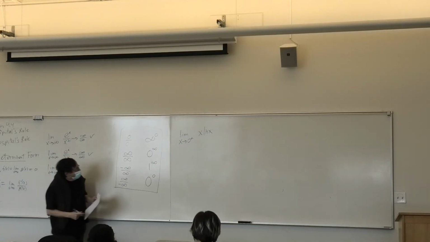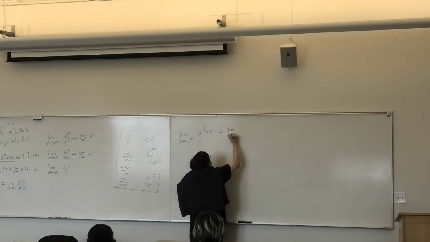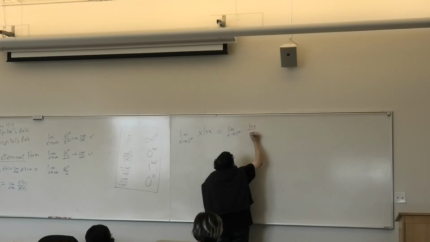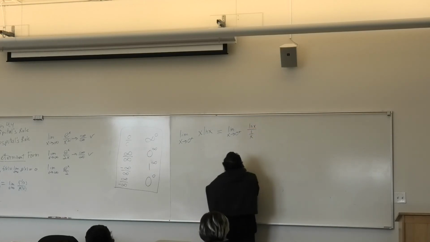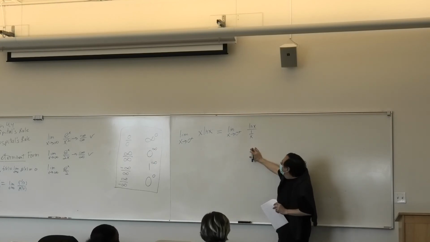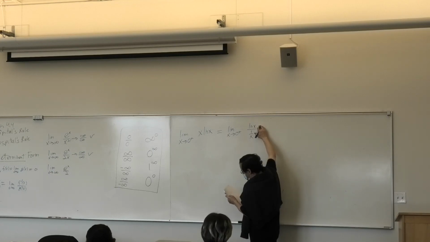But we can rewrite this, do a little work. We can rewrite it as log of x over 1 over x. Everybody happy with that? As we go to 0, what does this go to?